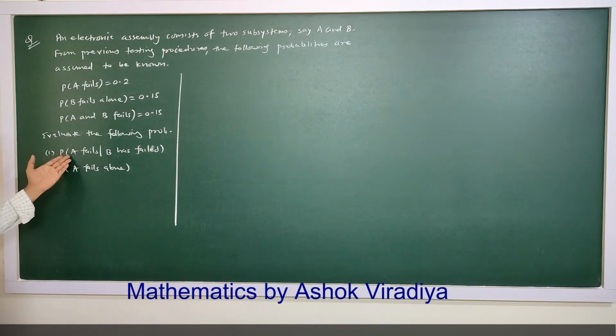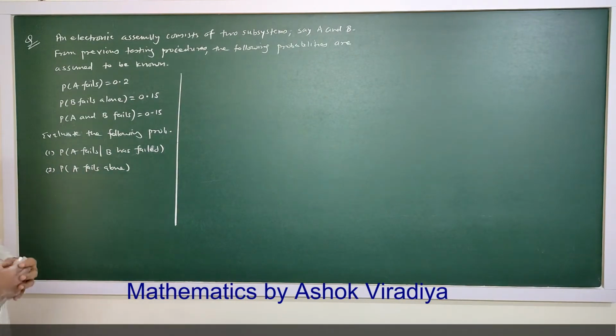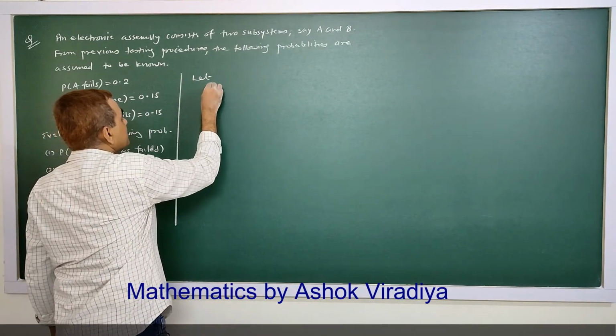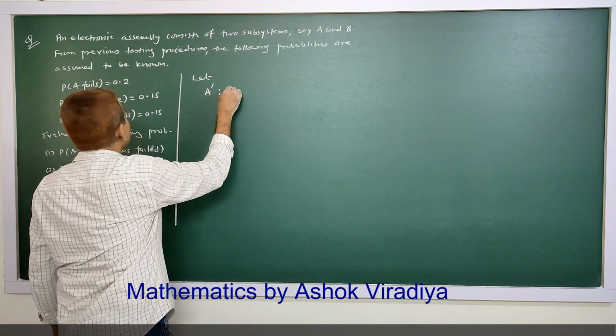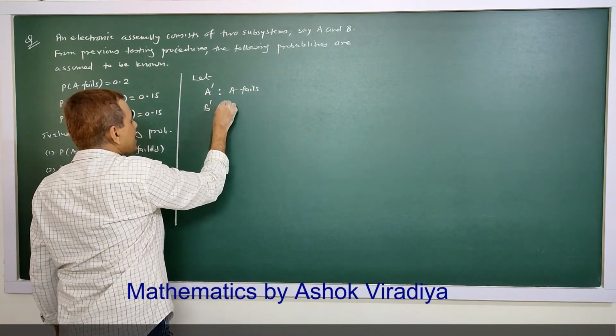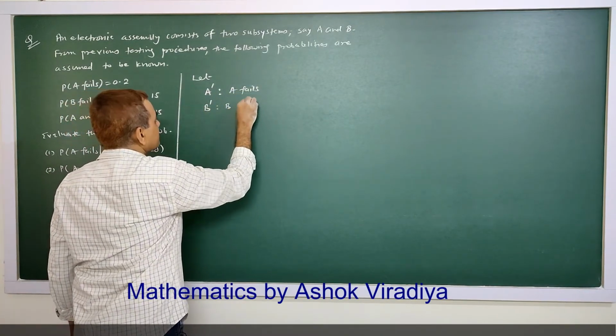Say here, A fails given B has failed, and A fails alone. Say we keep this in notations. Let A dash be the event that A fails and B dash be the event that B fails.